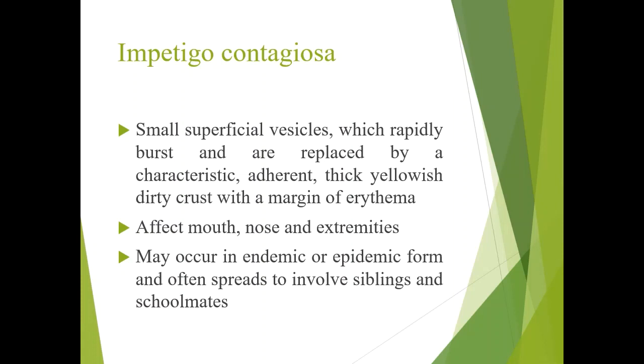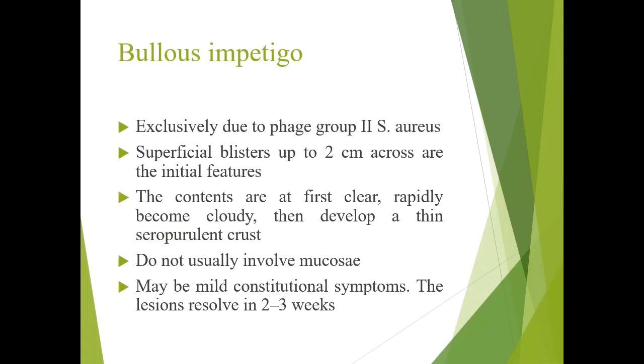Impetigo contagiosa: small superficial vesicles which rapidly burst and are replaced by a characteristic adherent thick yellowish dirty crust with a margin of erythema. It affects the mouth, nose, and extremities, may occur in epidemic or endemic form, and often spreads to siblings and schoolmates.